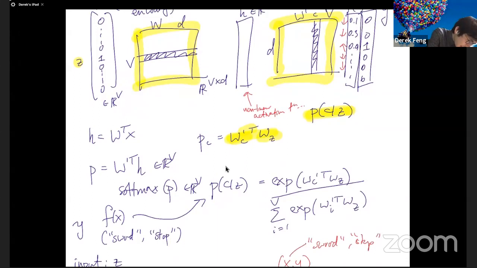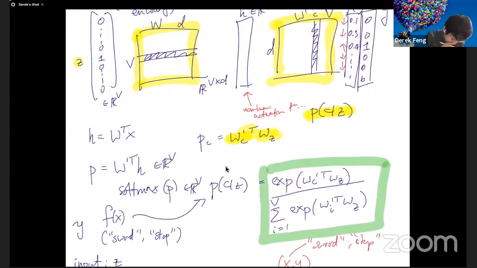This guy here is where a lot of the action comes in, right? So if you think about how this is going to work, first of all, if I want to calculate this expression, I need to basically know every single embedding, because I need to sum over all the embeddings.